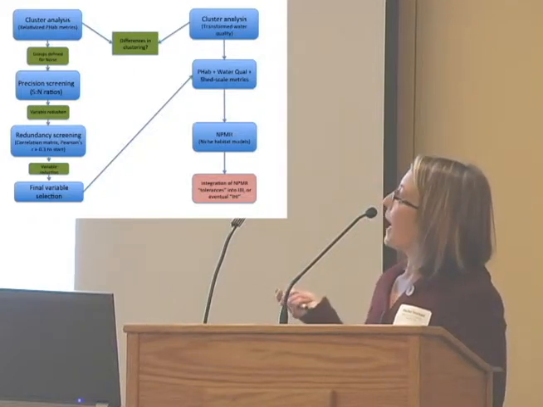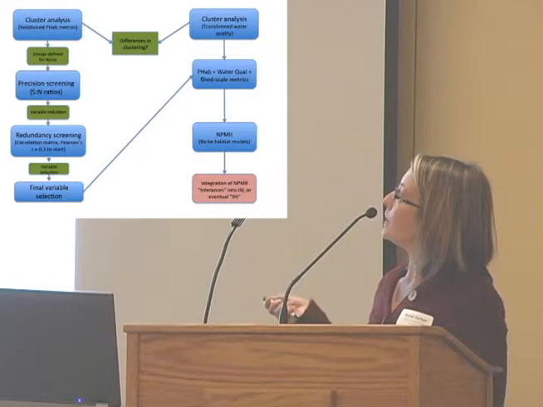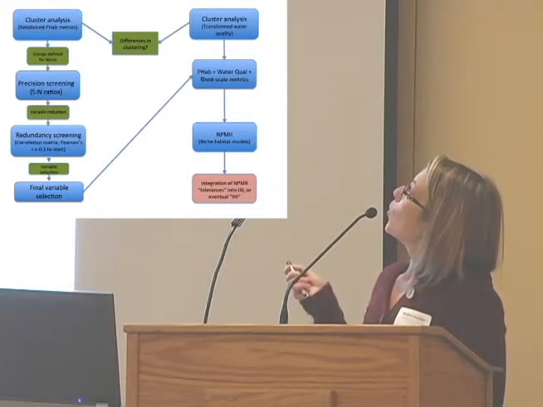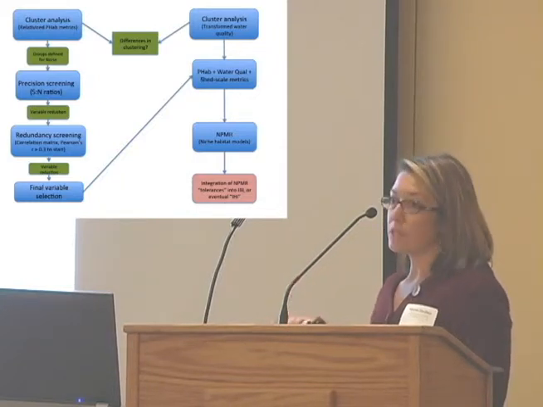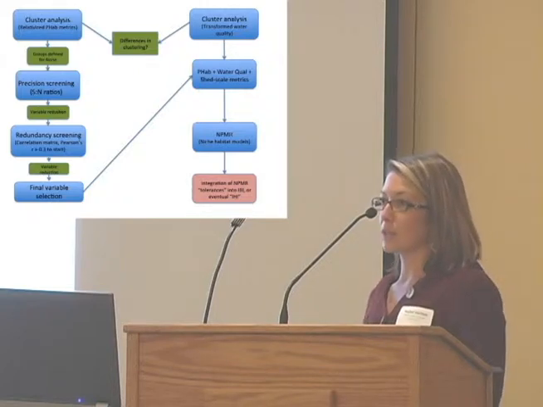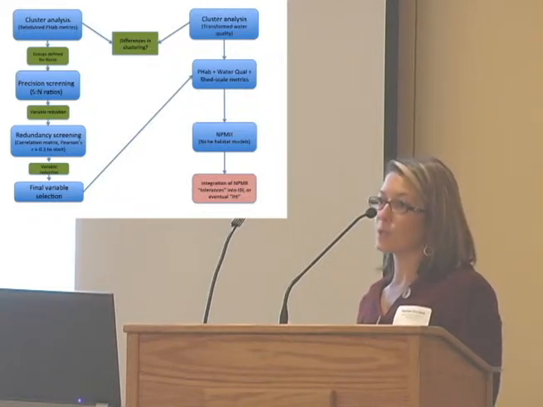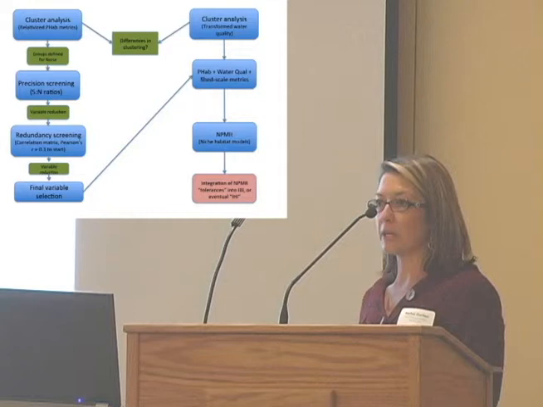Then we wanted to check, how does this, with our PHAB data, compare with other types of data? So particularly water quality. A lot of our analyses that we've done in the past have been, how does water quality affect macroinvertebrates? So can we use them in a combined way, or do we have to look at them separately? So we wanted to do these same steps with the water quality, looking at a cluster analysis.